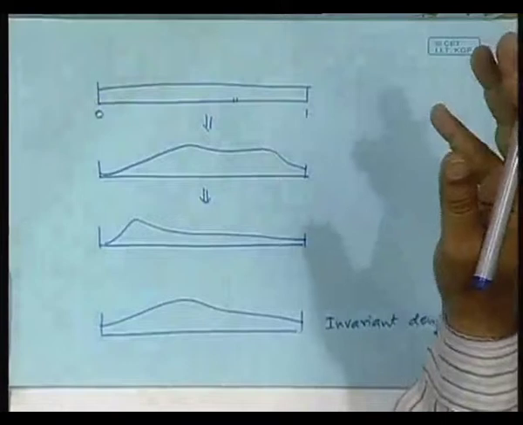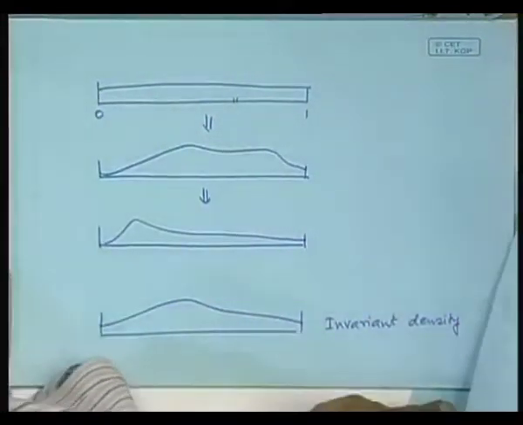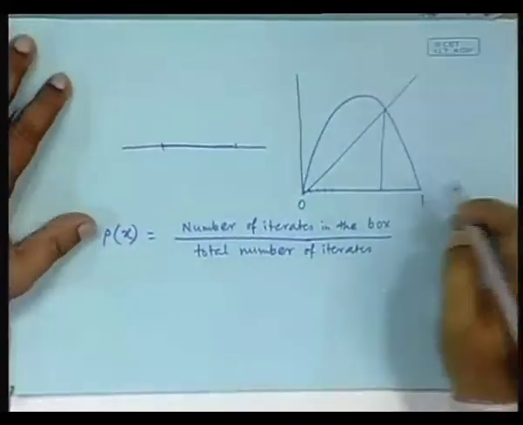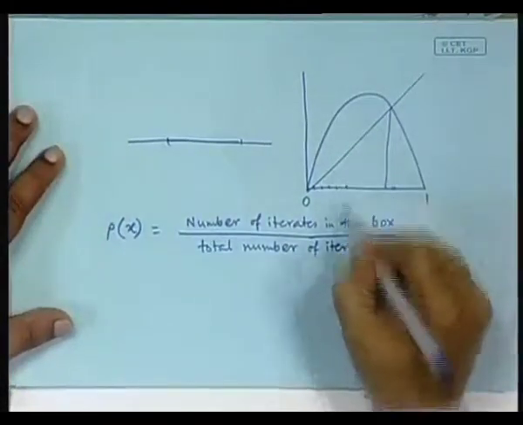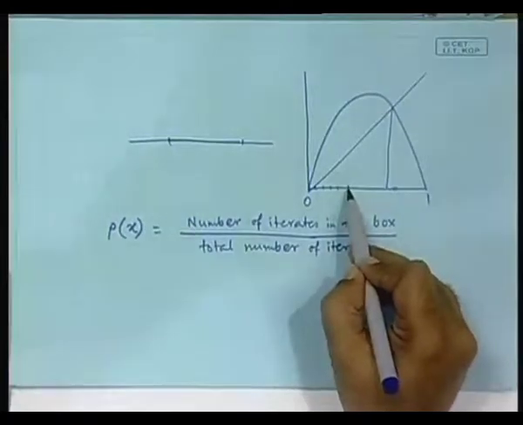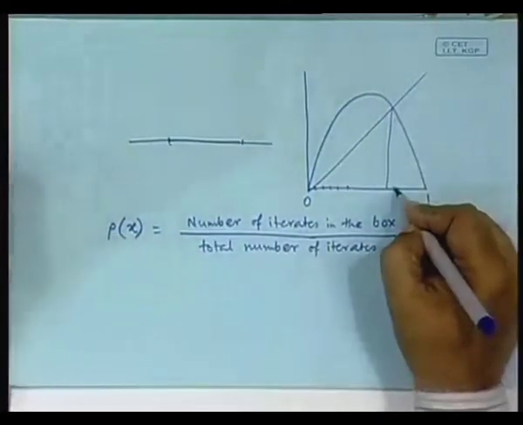Suppose it's a chaotic system like the logistic map. Like the logistic map, suppose you have got a bin here, and you have started somewhere. Then you will be able to say that within some finite number of iterates, there will be at least one iterate falling within this bin.